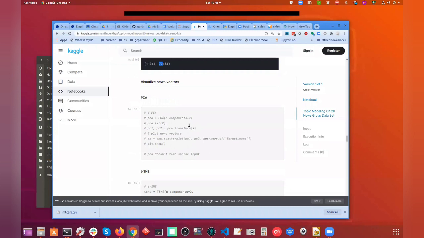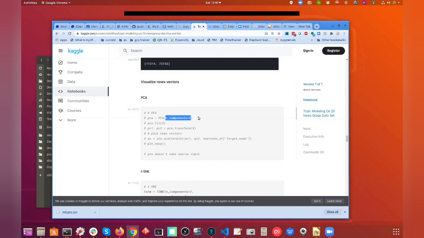So then what he's doing is a PCA, right? He's basically reducing them down to just two components. So 73,000 columns are distilled into just two components.